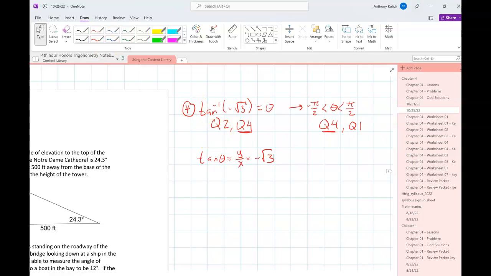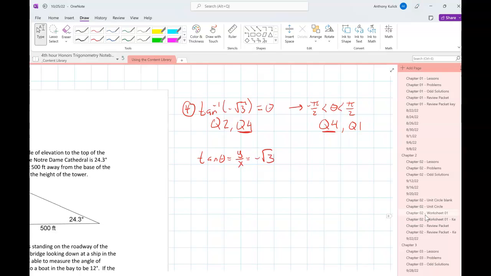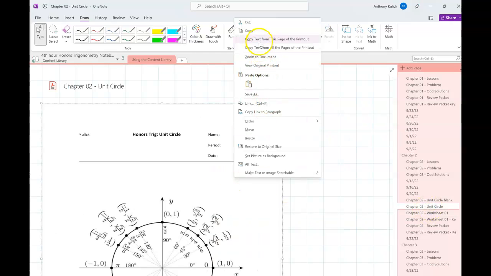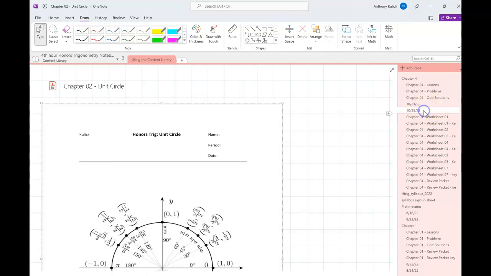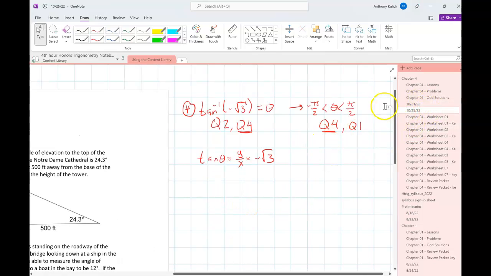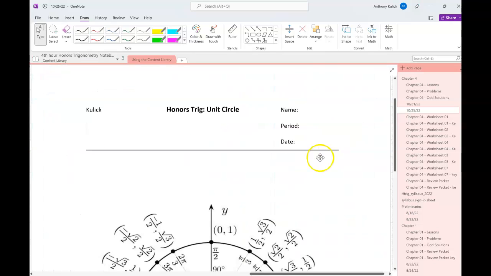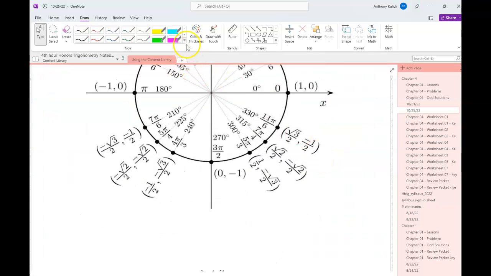So let's go look at our unit circle. Let me grab a copy of that and drop it in here. I'll just put it right there, I guess. So in quadrant 4, I'm looking for a place where the y coordinate has a square root in it. That would be right there.